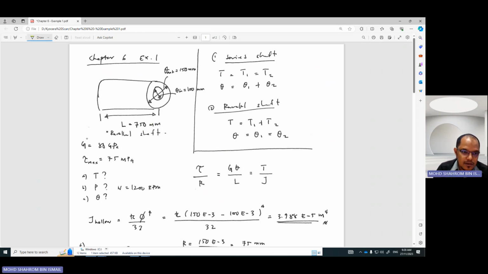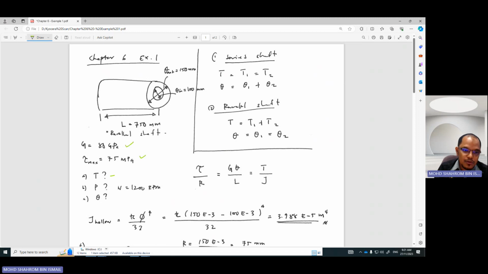which is G, or the bulk modulus, is 80 gigapascal, and the maximum of tau shear stress, the maximum of shear stress is 75 megapascal. Therefore, the question is, how much the torque, or what is the torque?